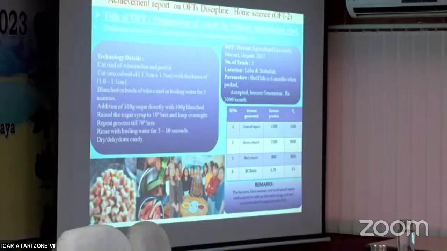The BC ratio for the farmer's practice is 1.75, and for T2, it was 3.4. So this watermelon, we just throw away the rind, and instead of throwing away, we can make good use by making this candy, and the income of the farmers is also greatly increased.